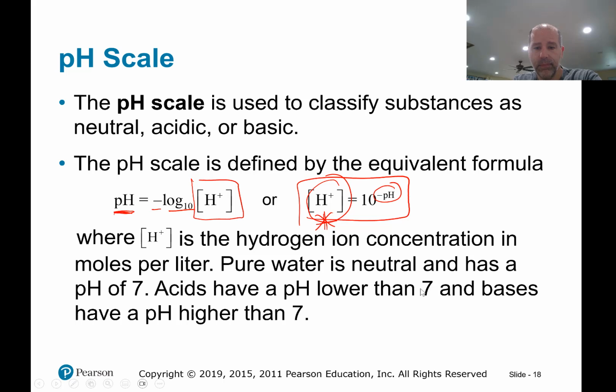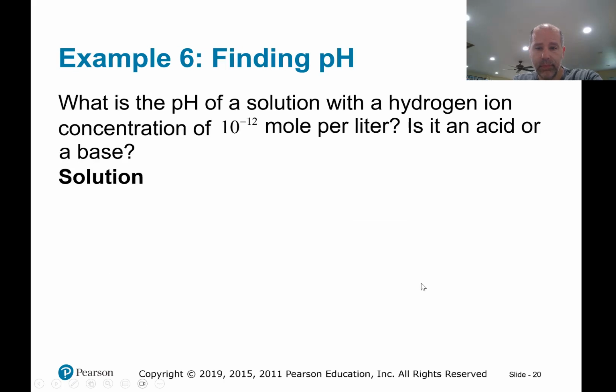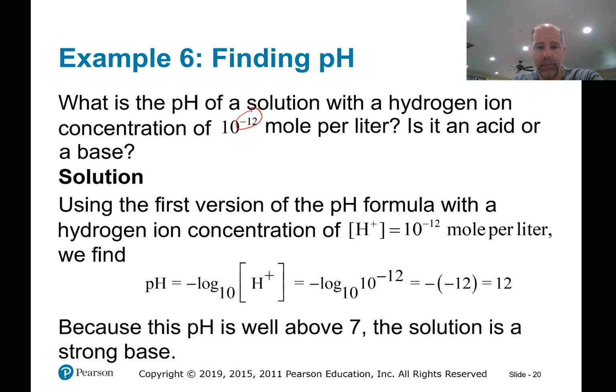So if you look here, this has a negative 12, so I'd say the pH is 12, and so this is going to be a base. But again, you can use the formula, because all you have to do is take the negative log base 10 of this, right?